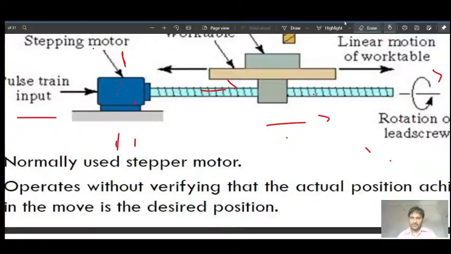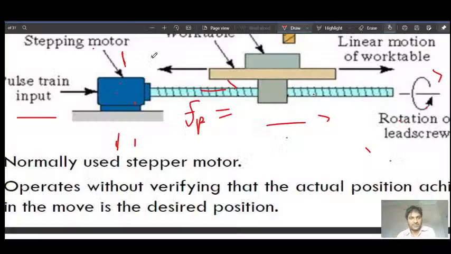So if we have to draw, how many rotations? Let me take a simple example: say the step angle is 4 steps, Ns equals 4.